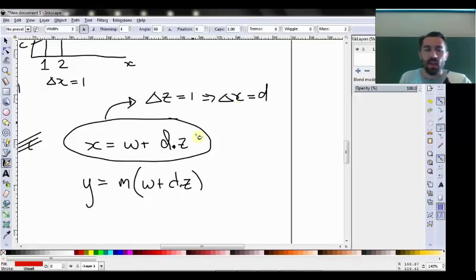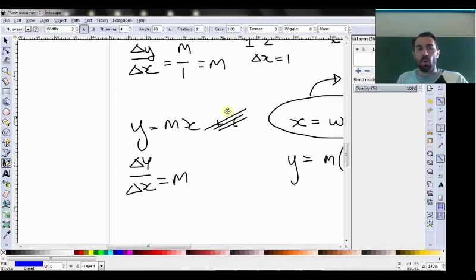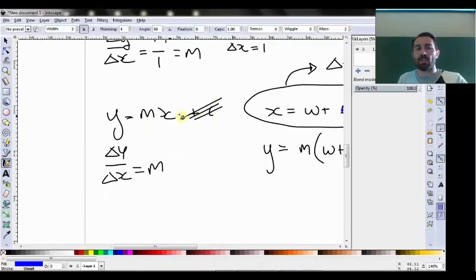Okay. Now let's make the value of d 1. So when I change z by 1, what is my change in x going to be? 1. Okay? So when I change z by 1, my change in x is 1. When I change x by 1, I change y by m.